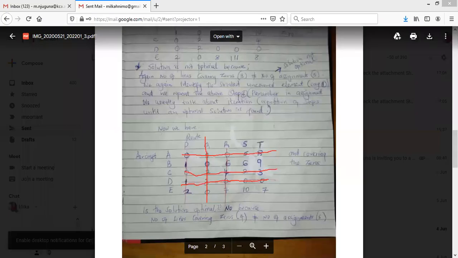So in my case, I started with, I drew the line. Let's see what I did. I drew the line to cover these zeros, the three, all of them, rowwise. Then I saw these three zeros which were lying on the same column.